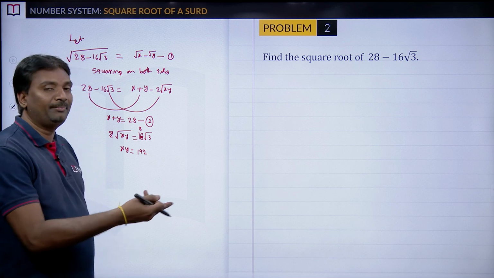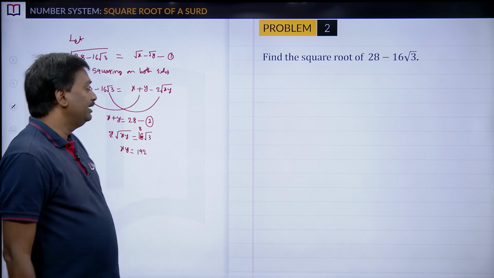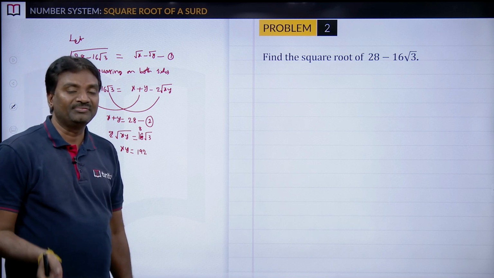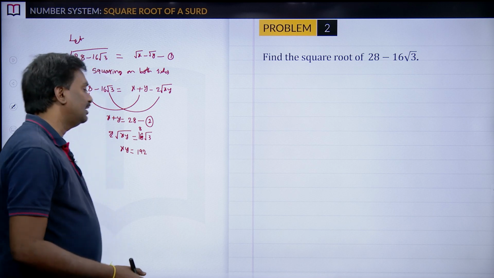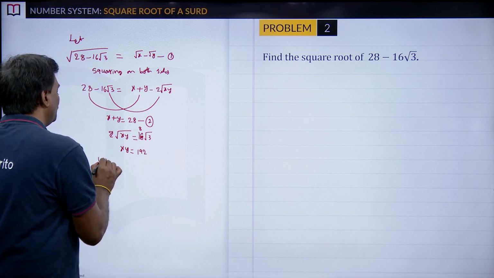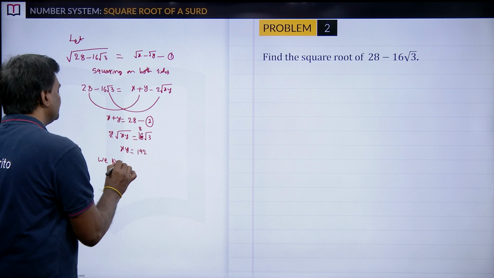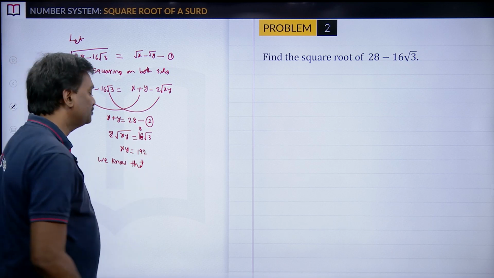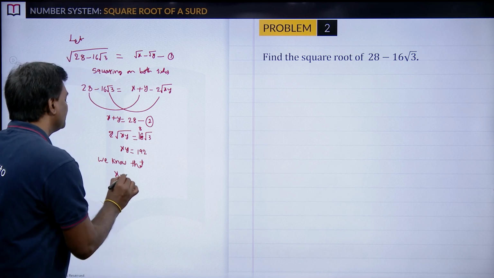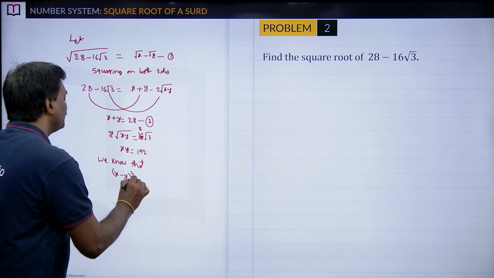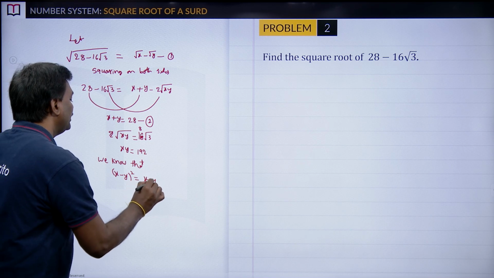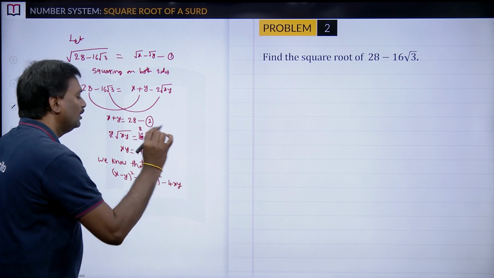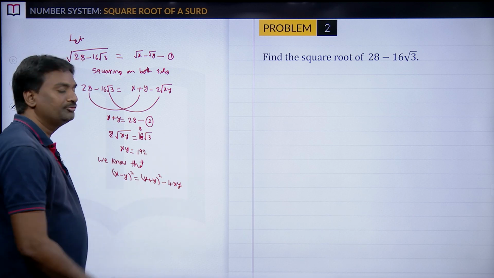Again, in the previous problem we took x minus y whole square equal to x plus y whole square minus 4xy. Here also let us consider the same identity. So we know that x minus y whole square equals x plus y whole square minus 4xy.